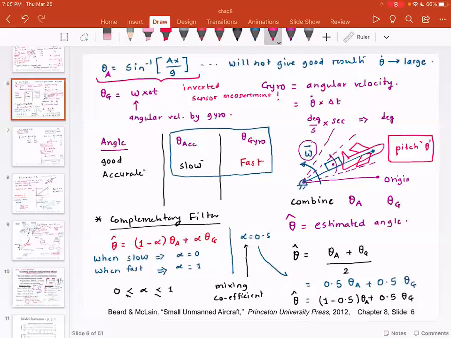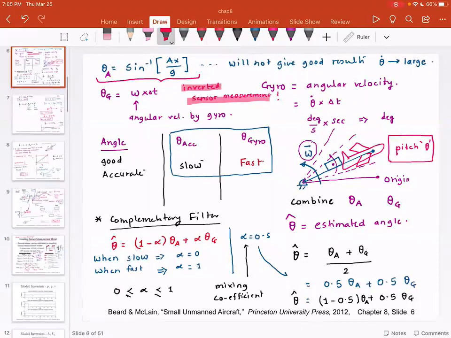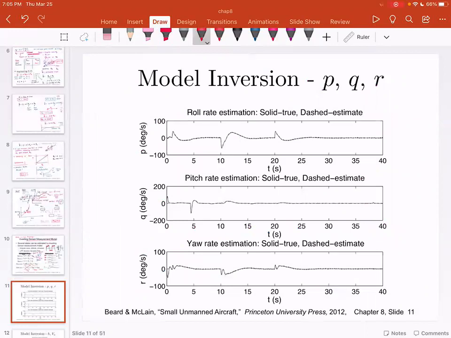Imagine instead of this platform, it's an aircraft, and this IMU is attached at the center of the aircraft. Now when I invert this, I got the pitch angle. So I can do the same thing here by doing the complementary filter.